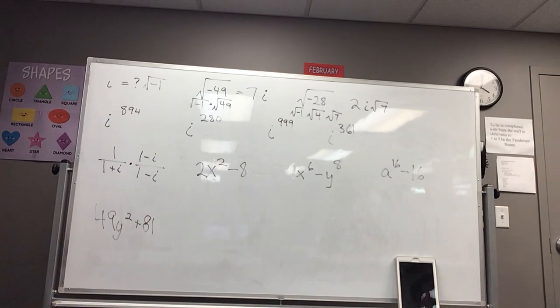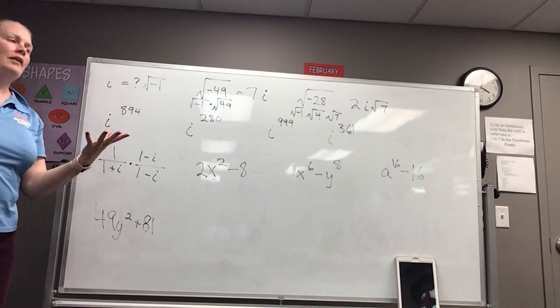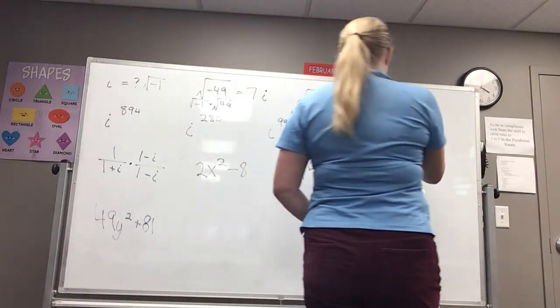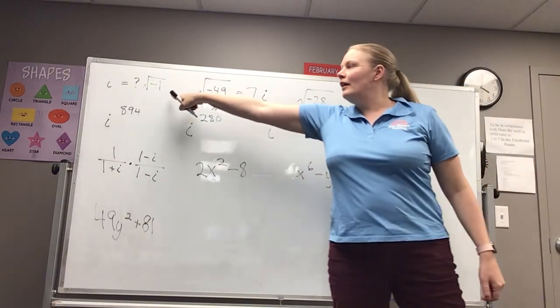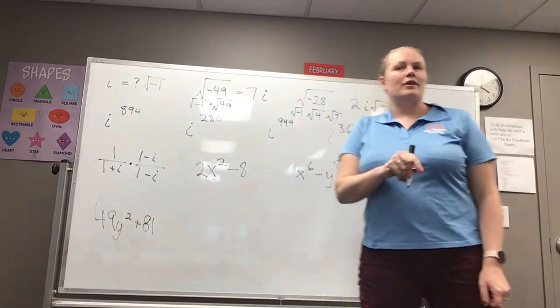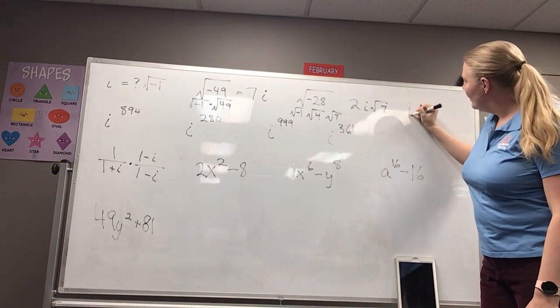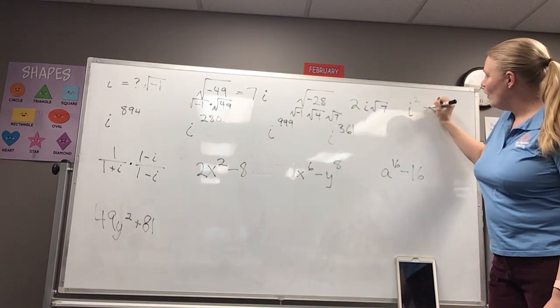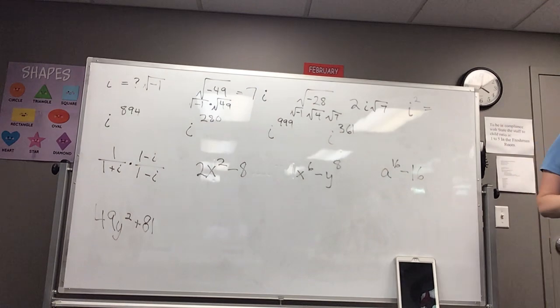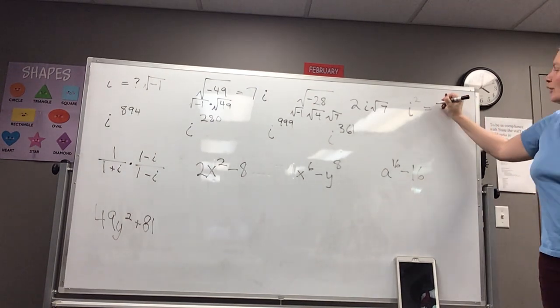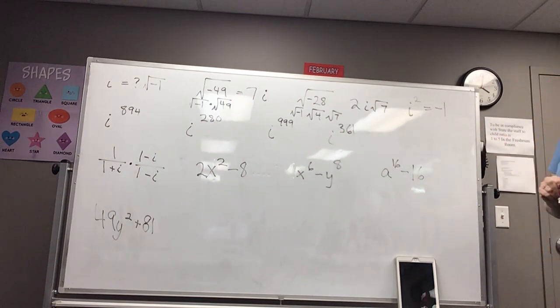So i has this interesting property that if we have just i, it's this square root of -1. What would i squared equal? -1. It's that undo, that reverse. And so i squared is -1.